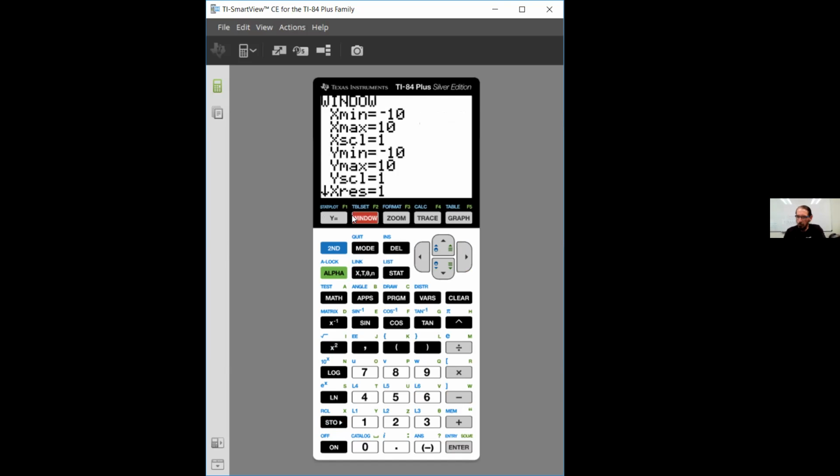I could look at negative 61 to positive 61 in the x direction, and I don't need to see much in the y direction, because a 0 is a value of x to put into the function to get 0 out for y. So we're looking for x-intercepts, that's when y equals 0. We don't need to see too much in that direction then.